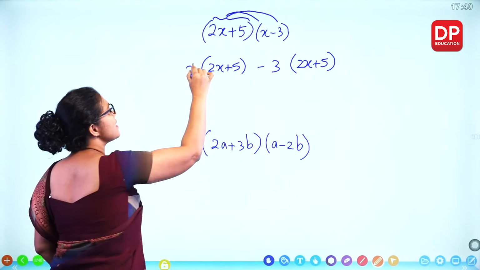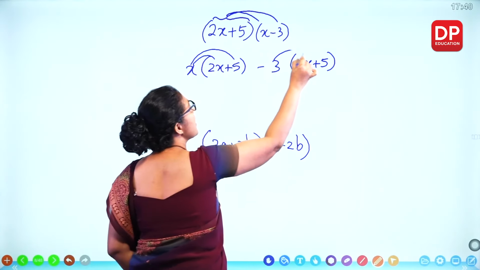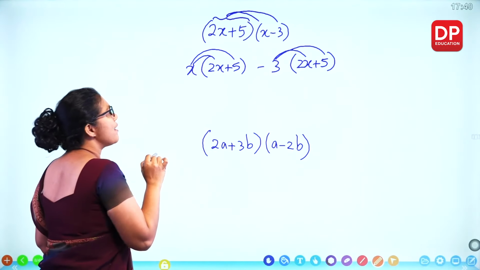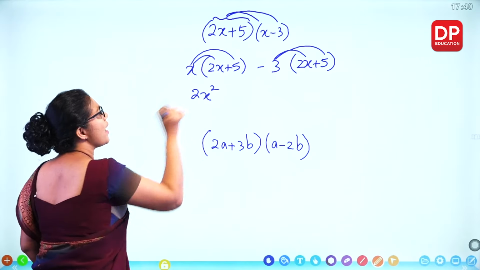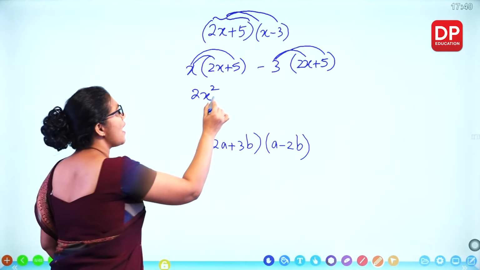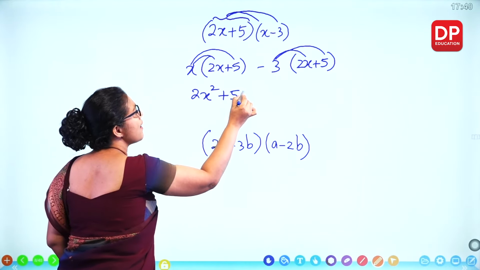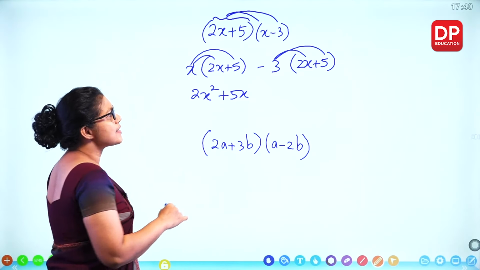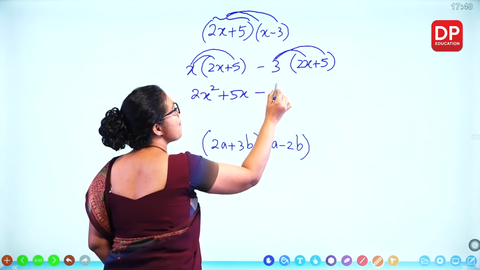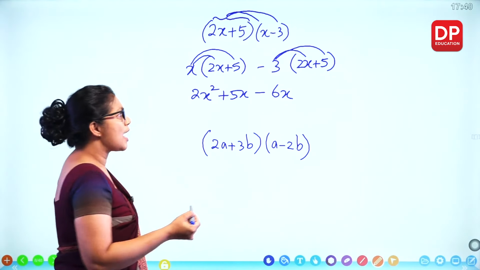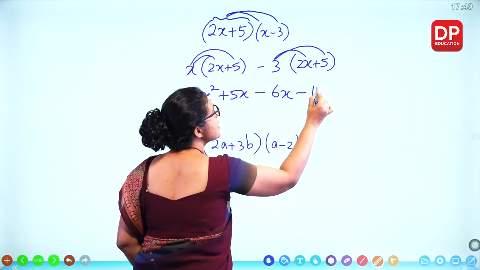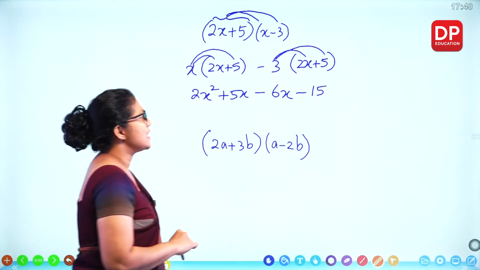Then again you can open brackets here and write down x into 2x becomes 2x squared. x into plus 5, plus 5x. Minus 3 times 2x, minus 6x. Minus 3 times 5, minus 15.